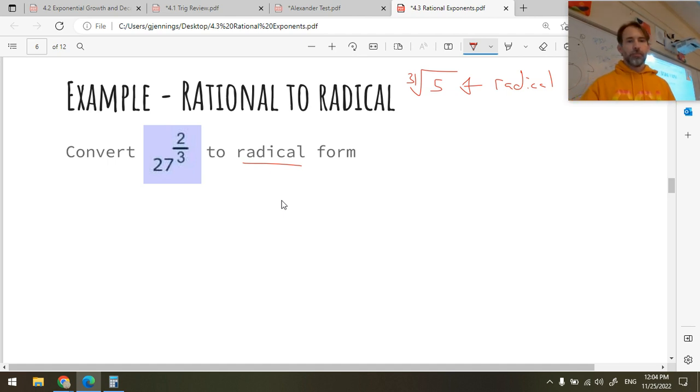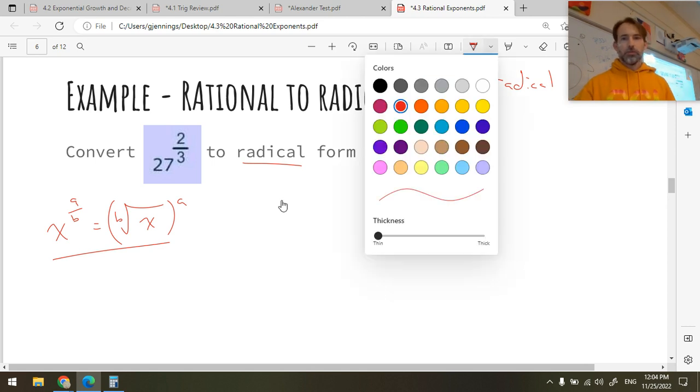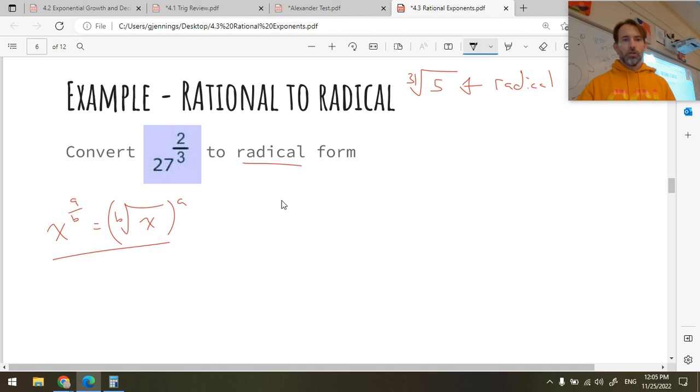Okay, so if I want to write this in radical form, I remember that x to the a over b is equal to the b root of x raised to the power a. And so I can use this little recipe to rewrite this in a new way. Let's try that. 27 raised to the power 2/3.